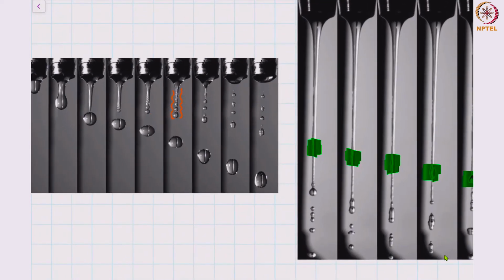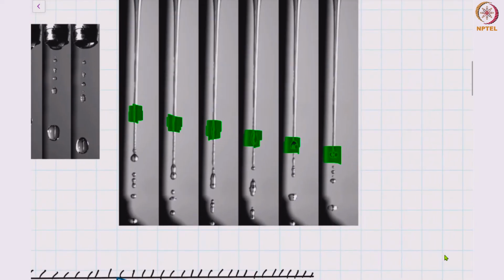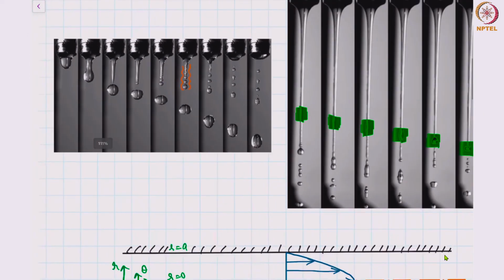You can see that the waves are growing as the jet is descending downwards, and this is a spatial system. Okay.